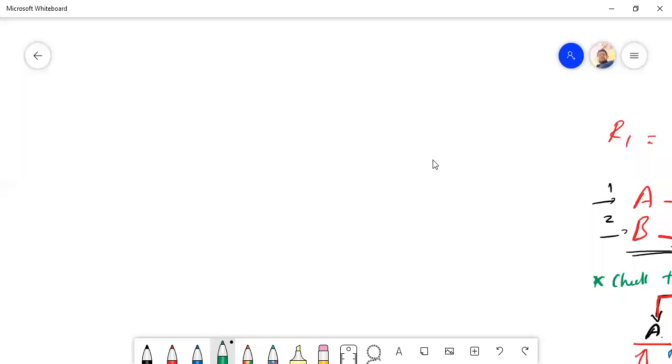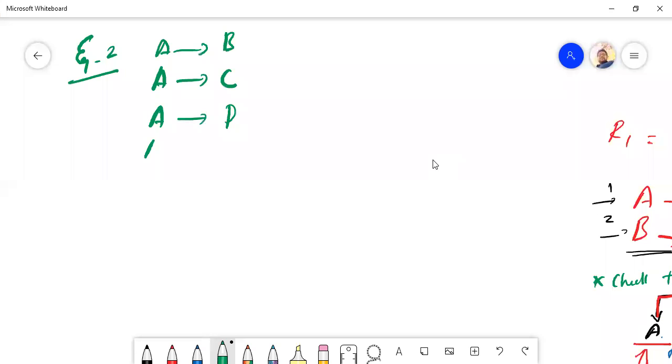Now I am going to take another example, example 2. Say B is depending, C is depending, D is depending, K, L. So now I want to check whether this is 1NF or not.